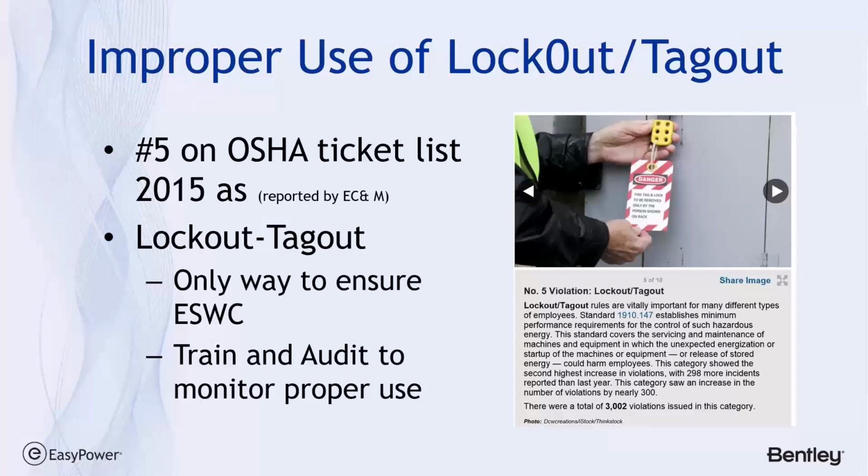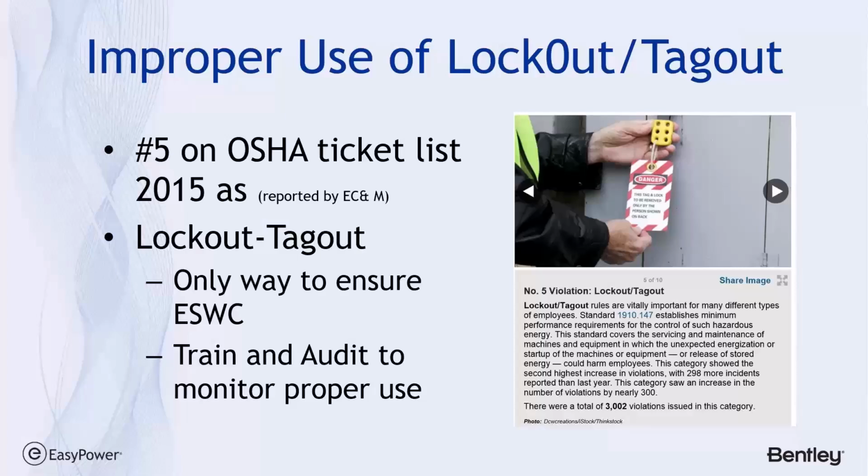And this is what it's been reported back in 2015 that it was number 5 on the list of the OSHA tickets that were written that year. And it's the only way to ensure if you're properly employing the lockout tagout that you're correctly establishing an electrically safe work condition. And so it's important to train and audit and monitor the proper use of the procedure.